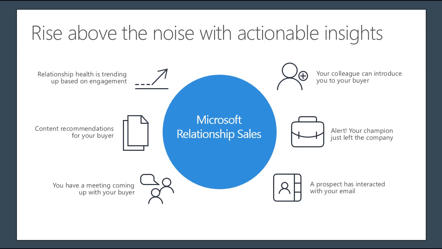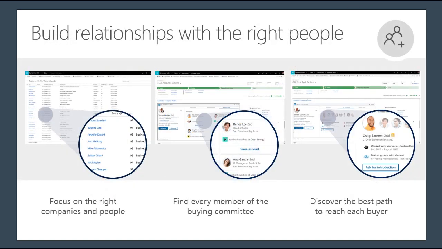So you have a good relationship with someone, and that person just moved to a different company, so how does that affect me? I should establish a new relationship inside that company. The new company that this connection went to, can I connect to him again and establish a new connection to this new company as well? So you can see all that with relationship sales.